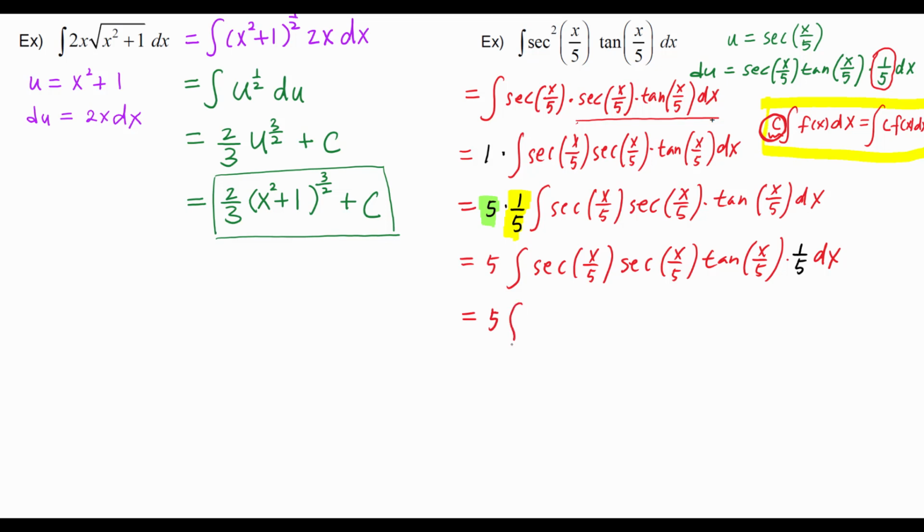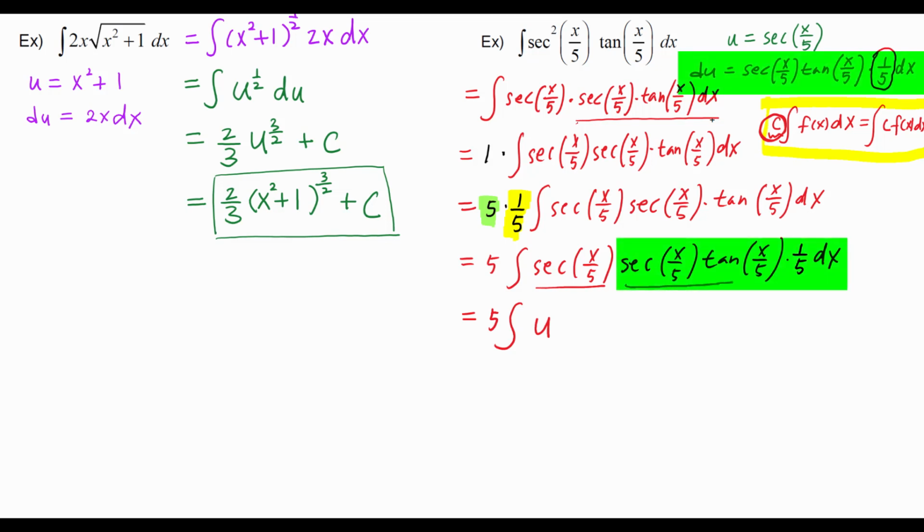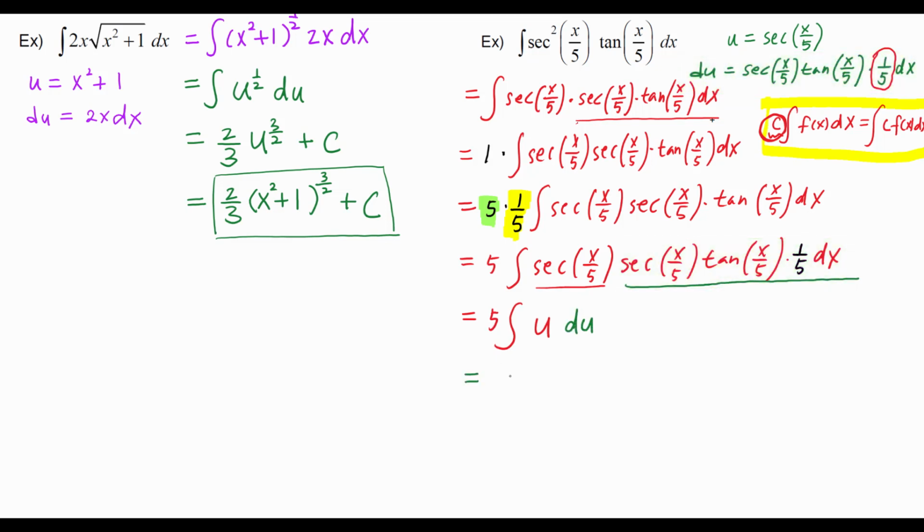So this is 5 times. Remember, secant x over 5 was u, and secant x over 5 tangent x over 5 times 1 over 5 dx was du. So this is equal to 5 times the integral of u to the 1st power, which is u to the 2nd power divided by 2 plus c, which is equal to 5 over 2 times u squared.